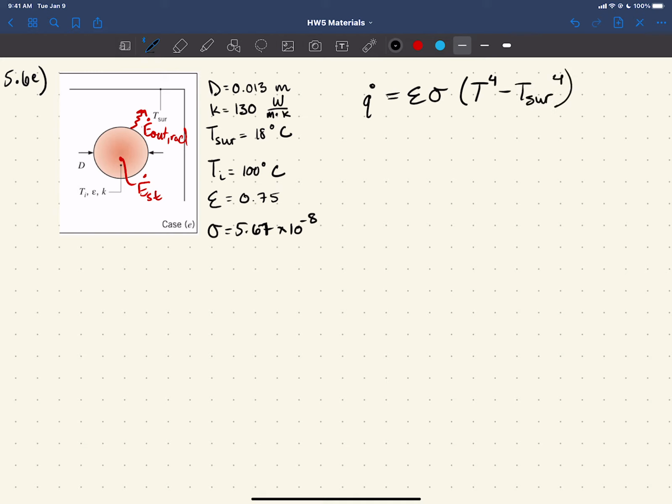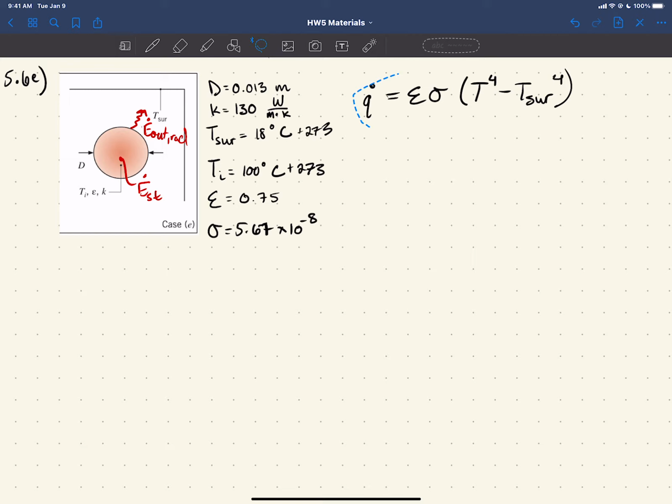With these fourth powers, we have to convert our temperatures to Kelvin, so when you plug into your calculator, make sure you add 273 to the 18 and to the initial temperature.